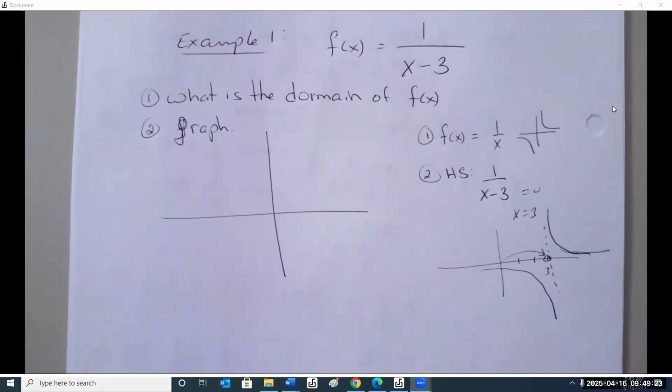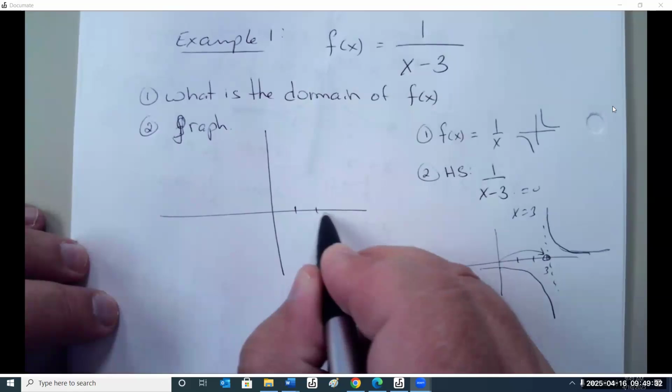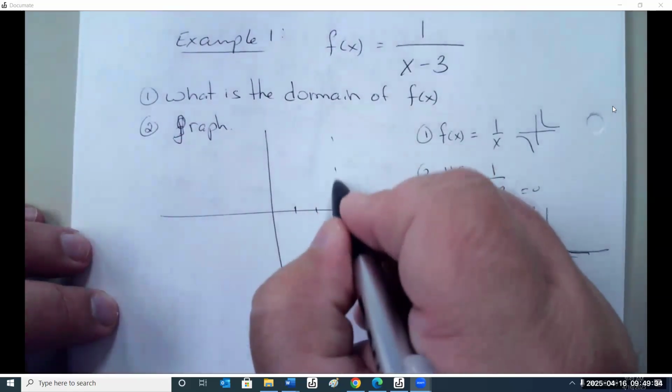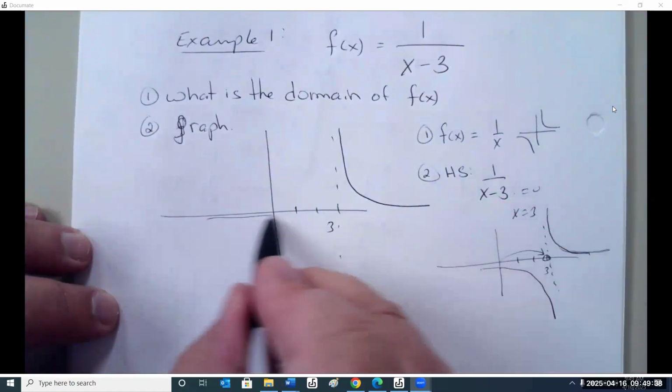Is there a vertical shift? No, because there's no plus or minus. There's no other things. So that's our graph. Our graph is shifted over 3 to the right. And there's our new graph.